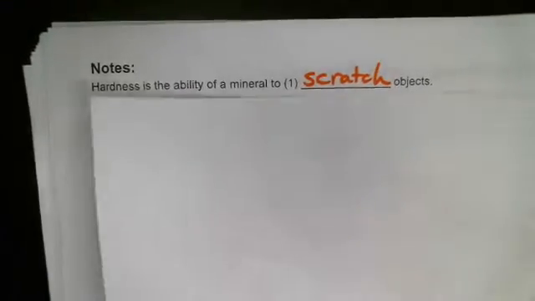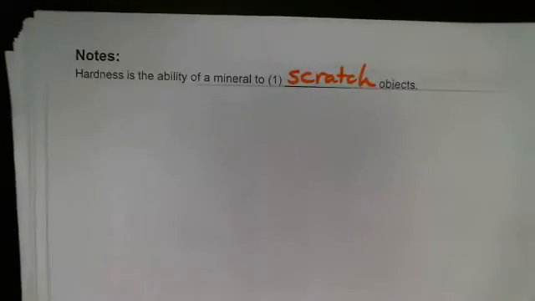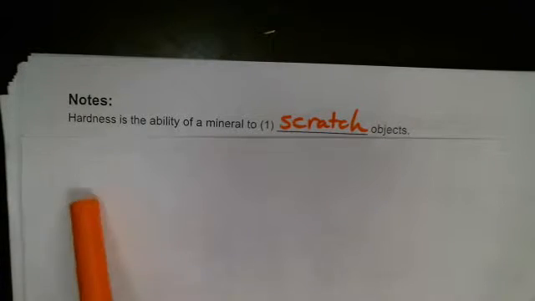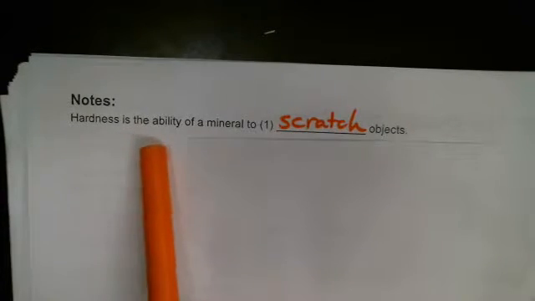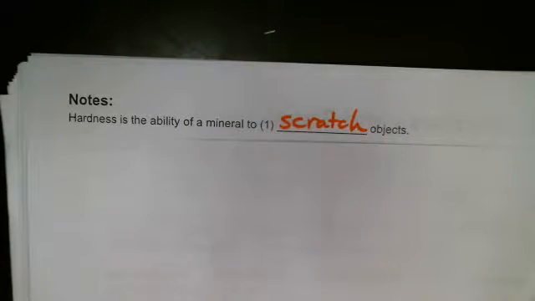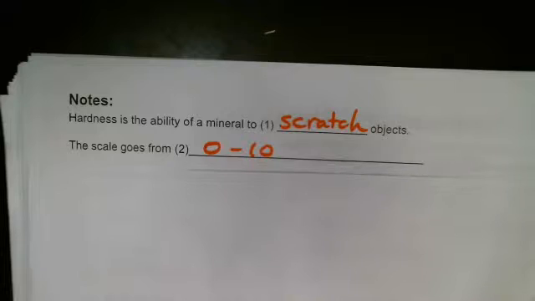Okay, next page, notes. There are a couple things here that have changed from the original writing, so beware of any changes that have happened here. Hardness, remember, is the ability of a mineral to scratch objects. The harder a mineral, the more it can scratch.